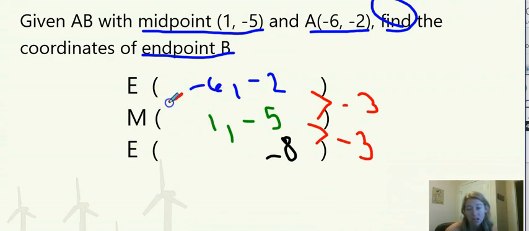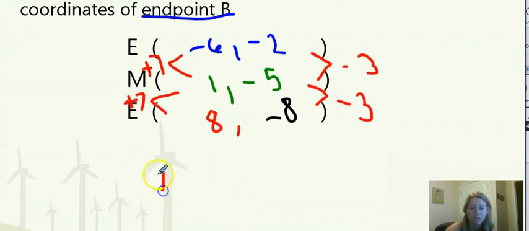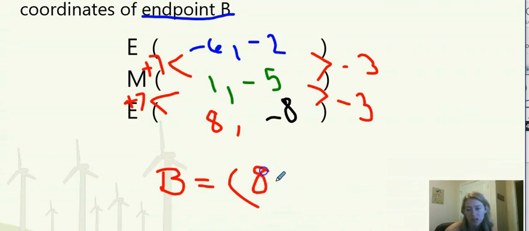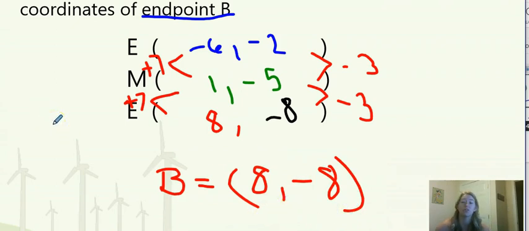So from -6 to 1, we added 7. So we're going to add 7 to 1, and we're going to get 8. So our new endpoint, B, equals (8, -8). Again, this is for finding an endpoint.